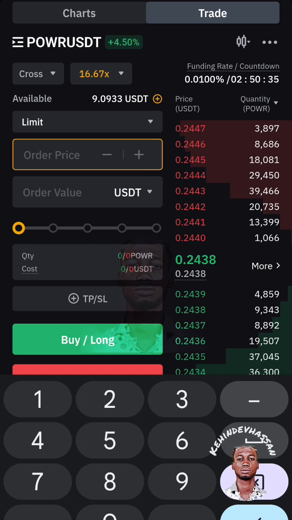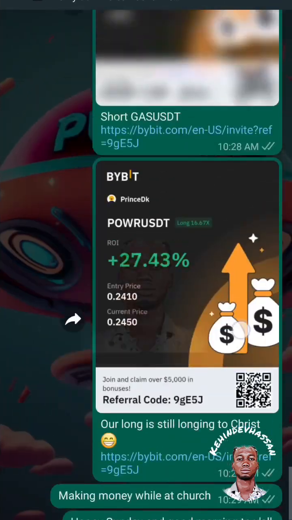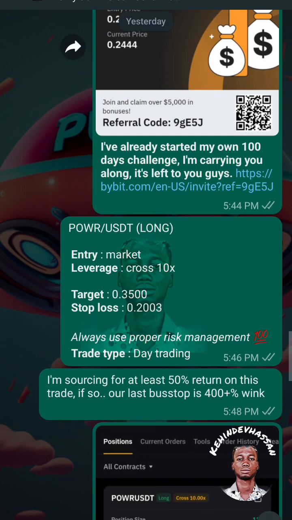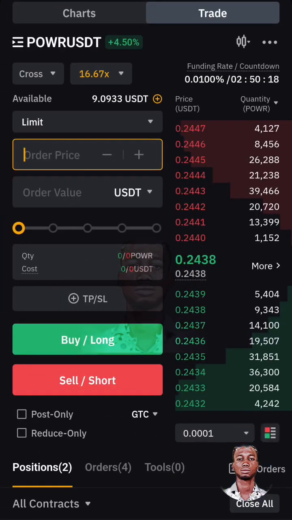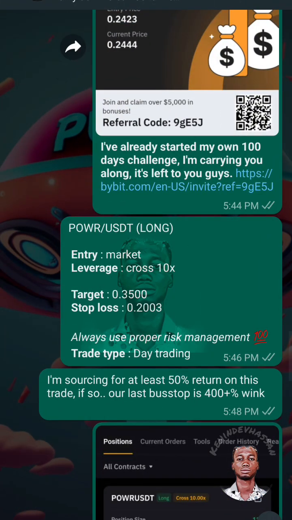If I give you an order price at which to start, let me give you an example. The entry is market. The leverage is cross 10.